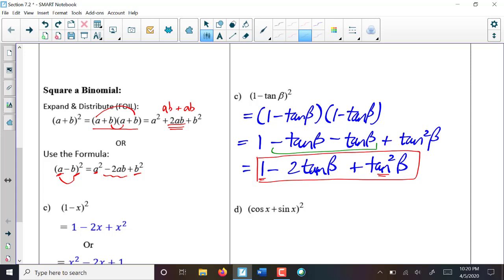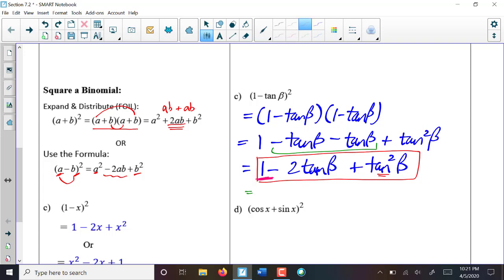And I know that I could rewrite those next to each other if I wanted. Actually, I don't know that I have a lot of room, so let's not do that.